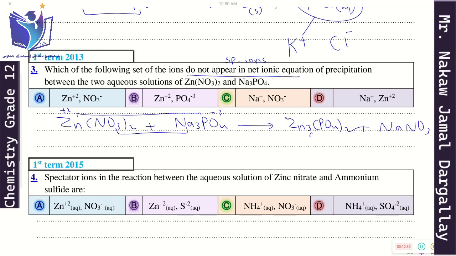Phosphates are insoluble. Sodiums are soluble. The spectator ions from the aqueous product are Na positive and NO3 negative. So the correct answer is C.